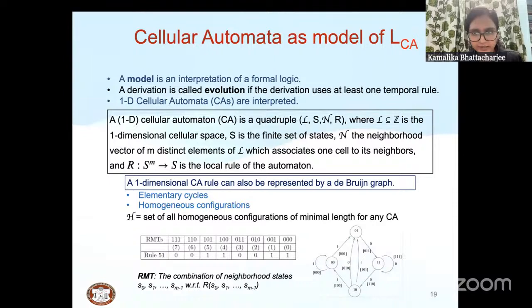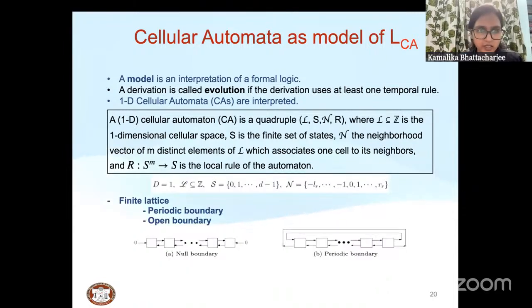The elementary cycles of the de Bruijn graph are basically our atomic well-formed formulas. The next state values of these elementary cycles, which we can get just by the levels of the de Bruijn graph, will be taken as the strings replacing the temporal sequences. I'll go into an example, it will be more clear.